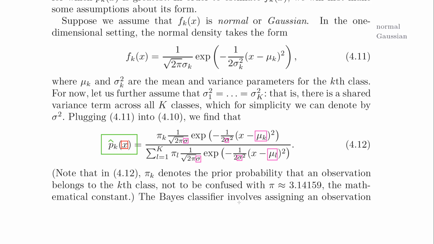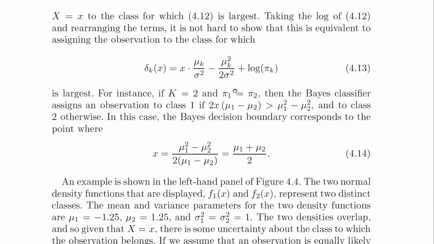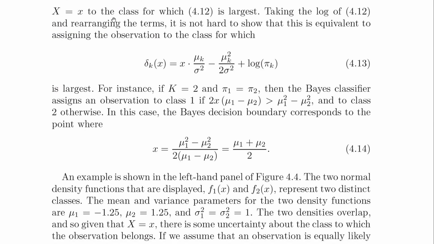The Bayes classifier involves assigning an observation X equals x to the class for which 4.12 is largest.